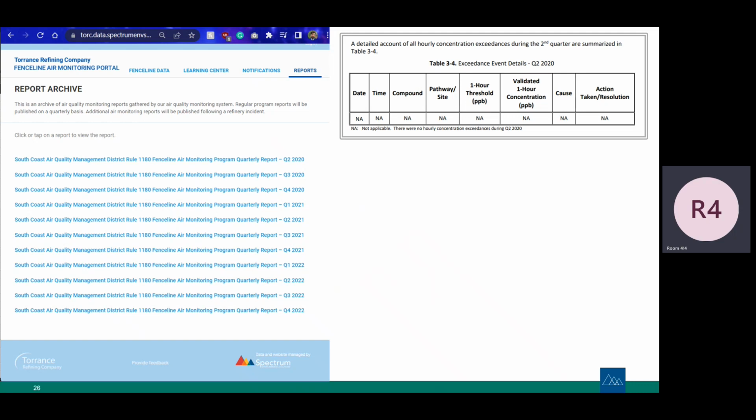Each quarter, it's table 3-4. And what we cover in this table is a list of any hourly concentration exceedances that we had during that quarter. This is where we would notify the public that, hey, we exceeded concentration of something. For this program, 30 parts per billion of H2S as an hourly average requires the public to be notified.